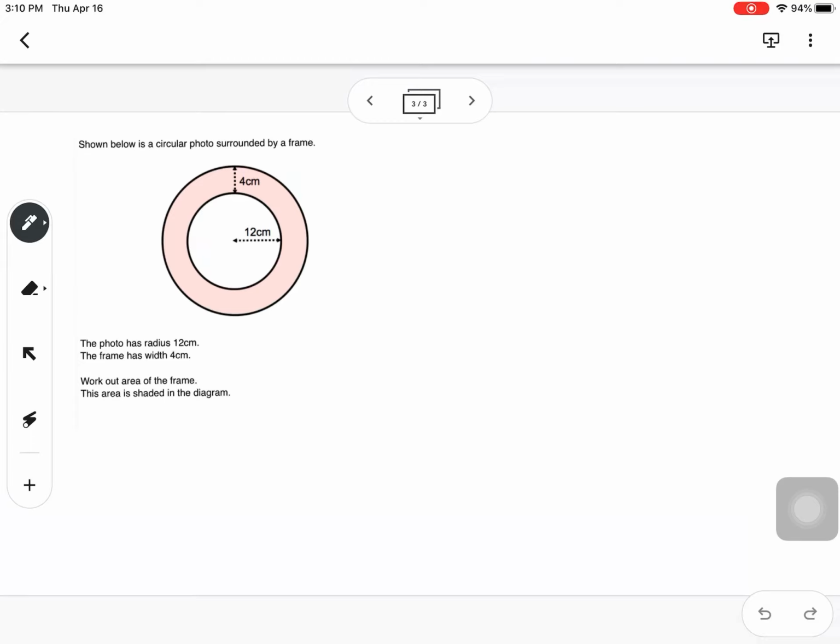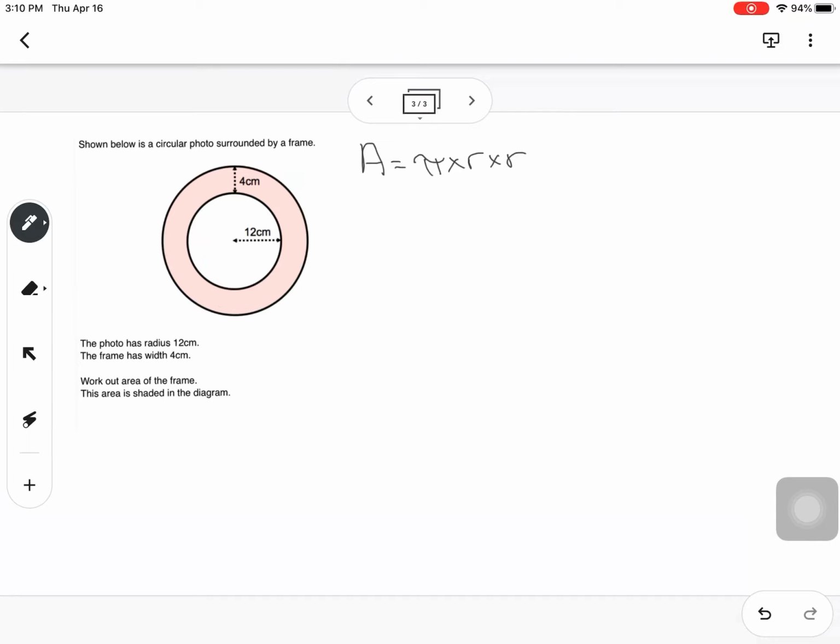So if we want to just find out this area on the outside, this is a two-step question. First, what I'm going to do is find the area of this entire circle. Let's just erase that. So what we're going to do is write our formula out. That's our first step. Area equals pi times r times r.